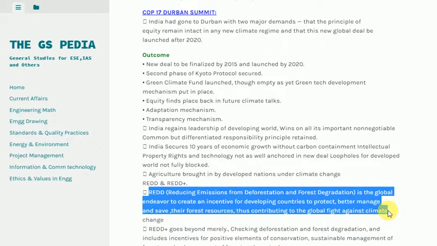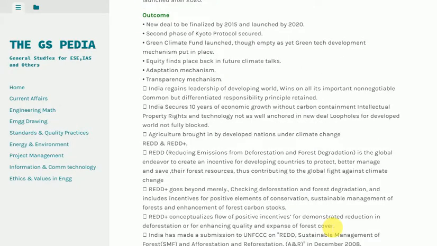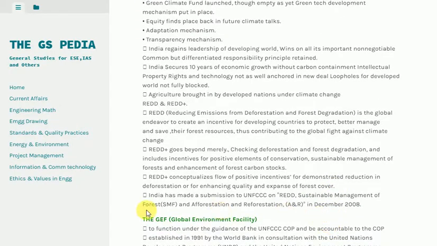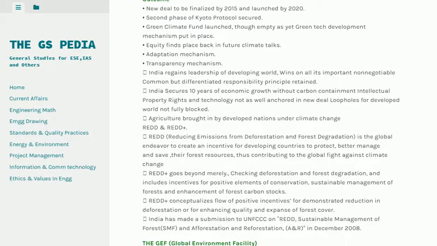REDD goes beyond merely checking deforestation and forest degradation, and includes incentives for positive elements of conservation, sustainable management of forests and enhancement of forest carbon stocks.